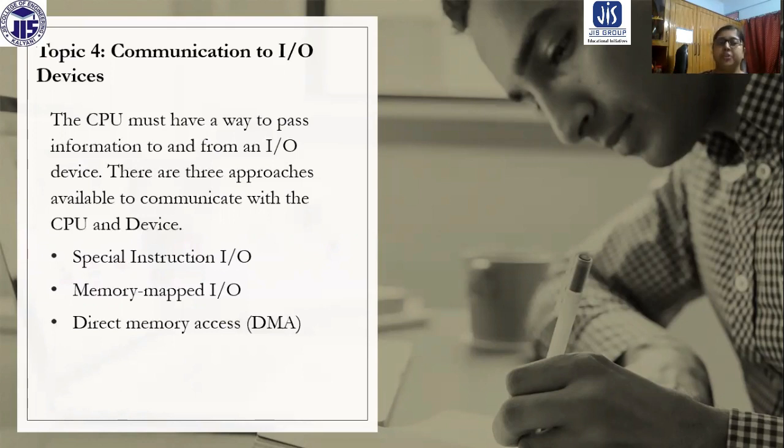That is very important. For this purpose, three approaches can be there by which the CPU can communicate with the devices. The first one is special instruction IO. The second one is memory mapped IO. And the third one is direct memory access or DMA.